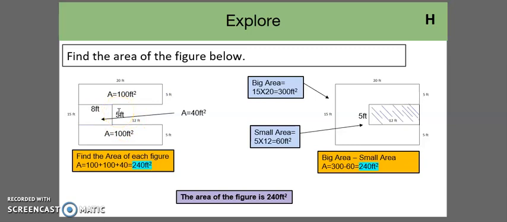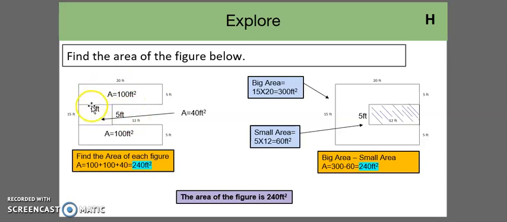The next value we're going to find is this length on the bottom, as well as this length over here. We know that on the top is 20 feet, so on the bottom is 20 feet as well. But to figure out what this length is, since the whole length is 20 feet, and we are given that this part is 12, we could do 20 minus 12 gives us 8.